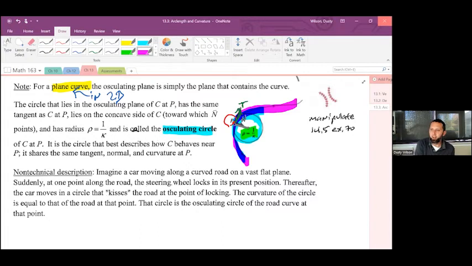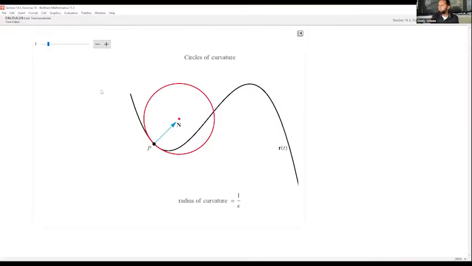Let's look at another manipulate. So here's what I want to point out to you in this particular drawing. Notice that right in this region, the point on the curve and the circle are the same.